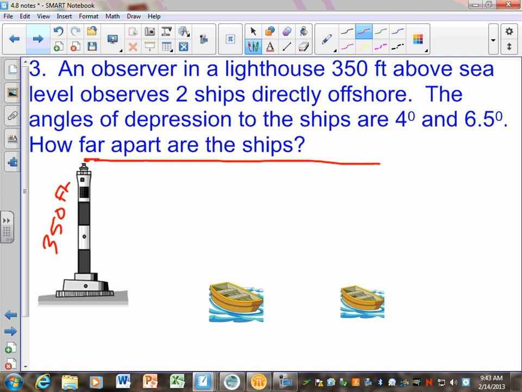I'm just drawing it to my boat. And again, this is not drawn to scale, but we should be able to figure out or think about which one of those should get the bigger angle because we're measuring from the horizontal down.